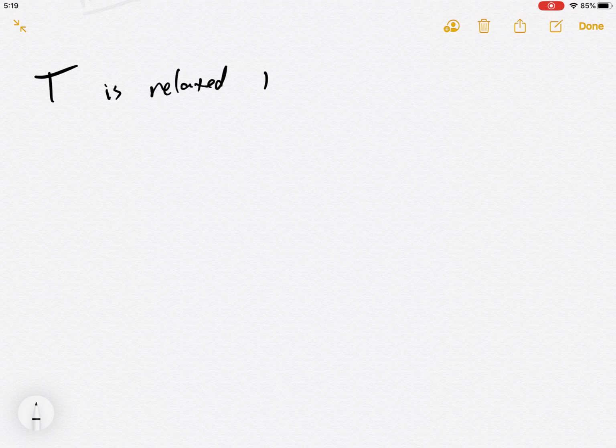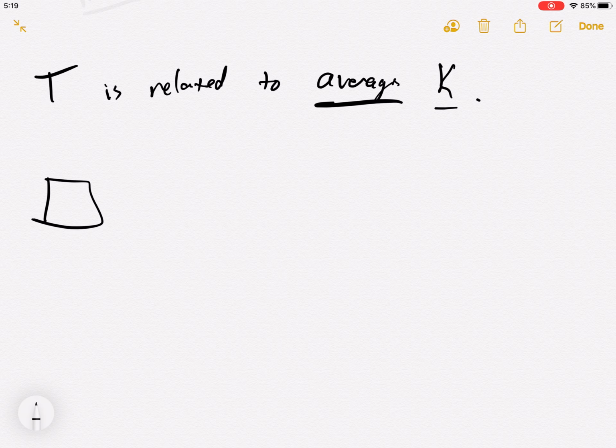Temperature is actually related to average kinetic energy. What do I mean by that? Well, so we've talked about kinetic energy as half mv squared, right? When an object is just moving with some velocity. But what if I zoom in on that object? So let's say I have an object at rest.